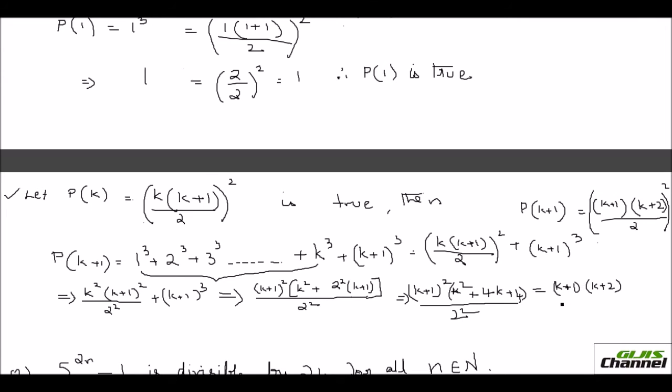You have all squares, I'm going to put that in common, to the whole square, right? Is true. Now this is also true.